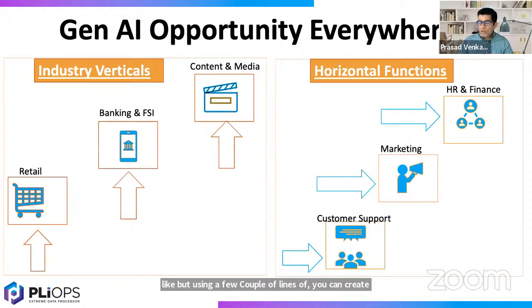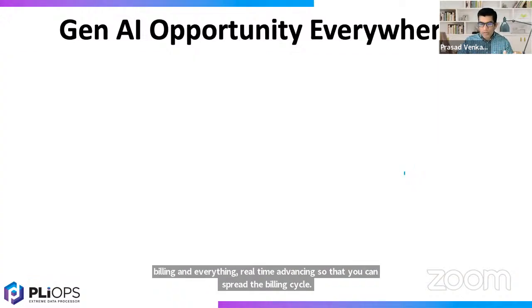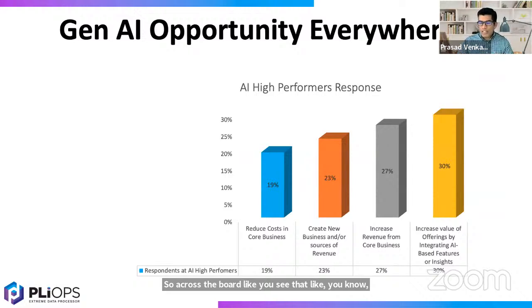One customer, especially in banking, using generative AI, was able to provide 20 million hyper-personalized offerings to existing and prospective customers, to acquire and also retain customers, within 3 months of launching the product. For HR and finance, it's about billing and real-time invoicing so that you can expedite the billing cycle. So across the board, you see significant benefits both in the verticals as well as in the horizontal functions.